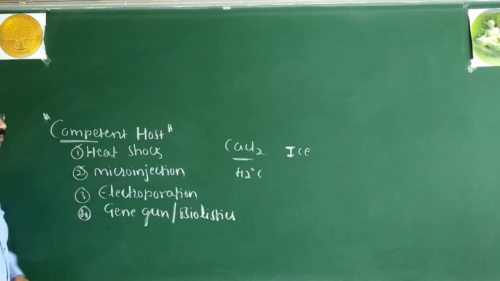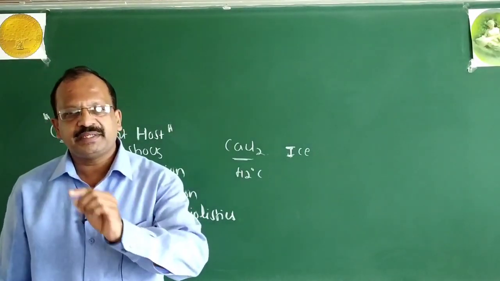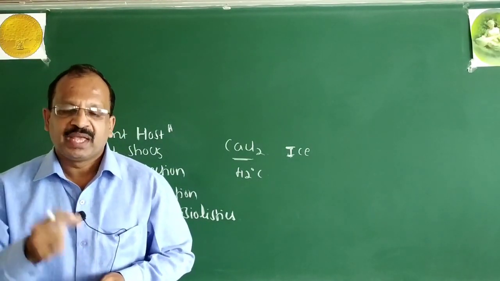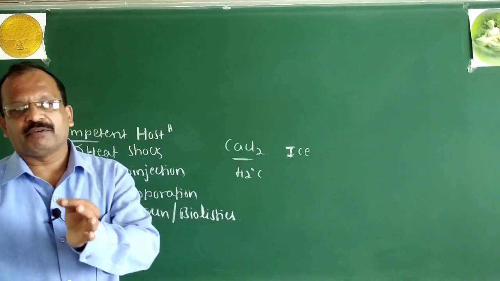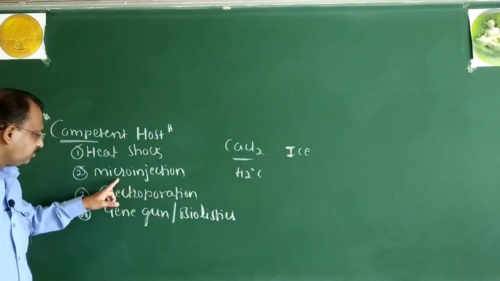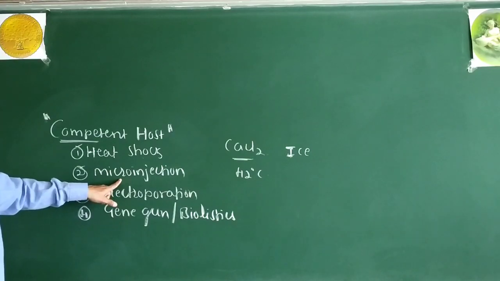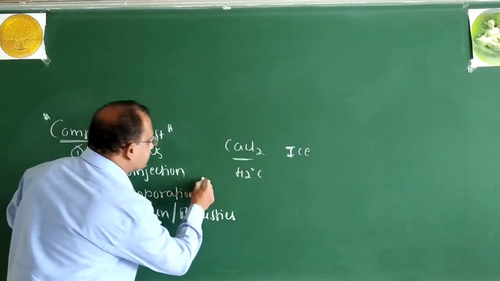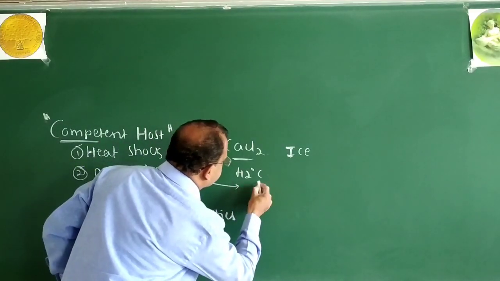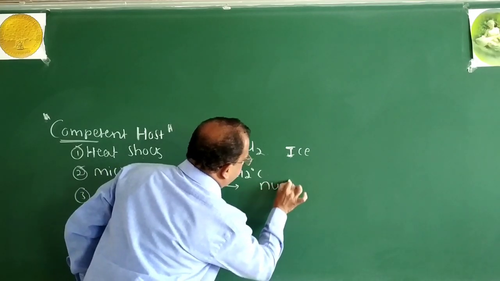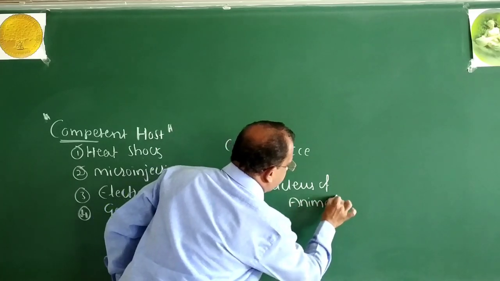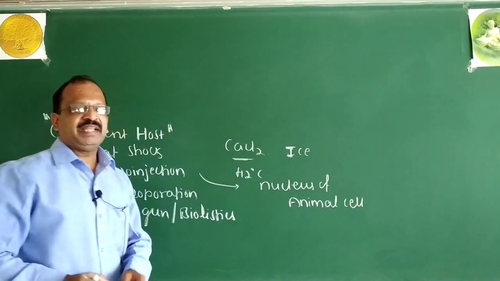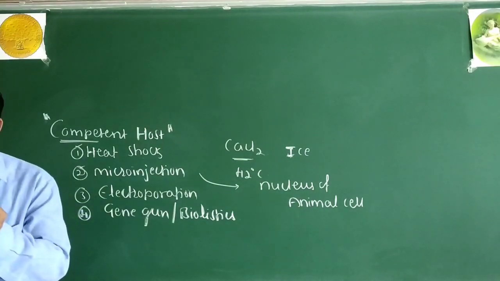Second technique, microinjection, where the recombinant DNA or foreign DNA is directly introduced into the nucleus of an animal cell with the help of micropipettes or microsyringes.